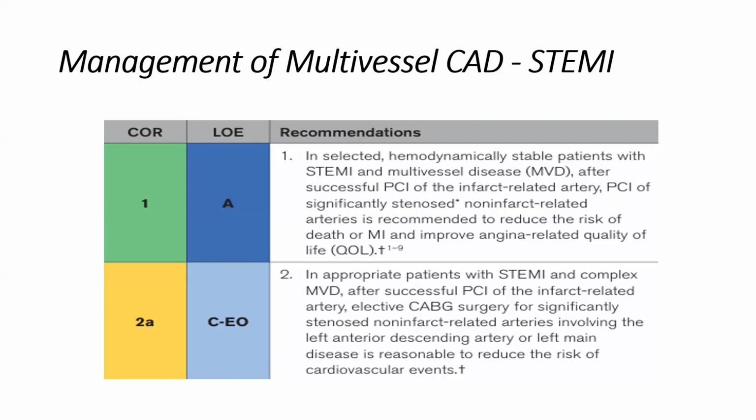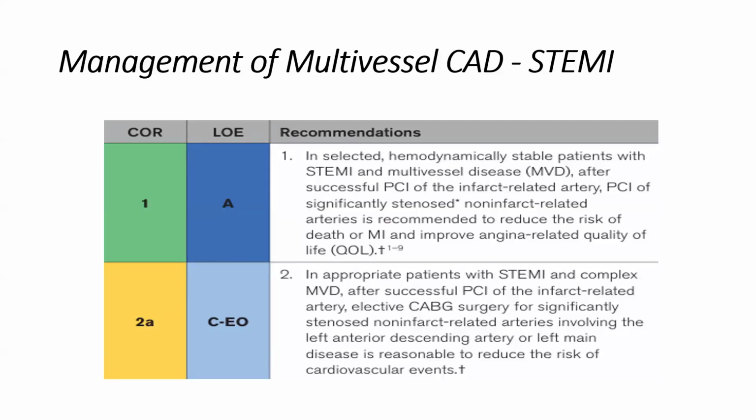Now, in an appropriate patient with STEMI and complex MVD, successful PCI of the infarct-related artery and elective CABG for significantly stenosed non-infarct-related arteries involving the left anterior descending artery and left main disease is reasonable.